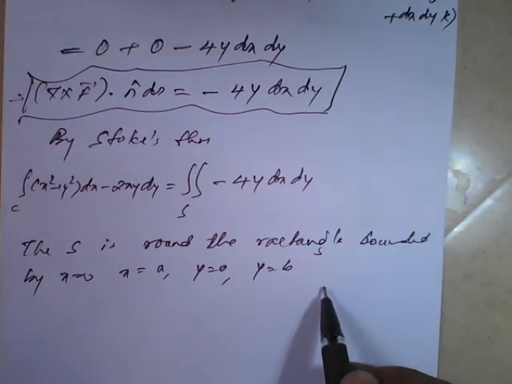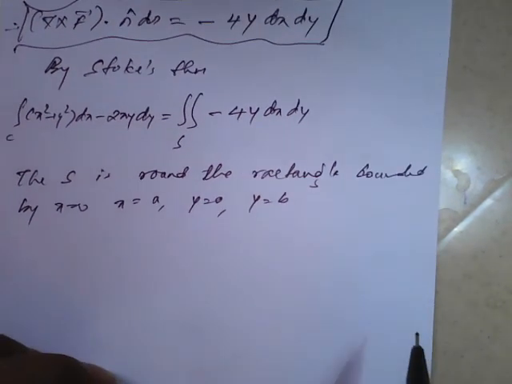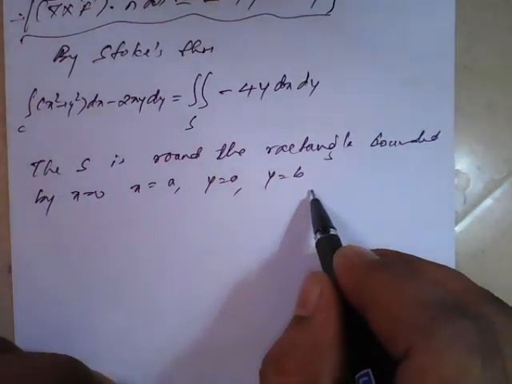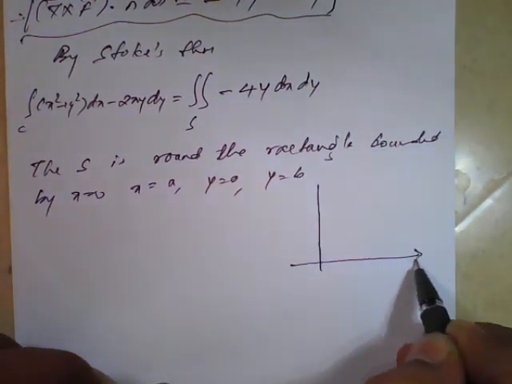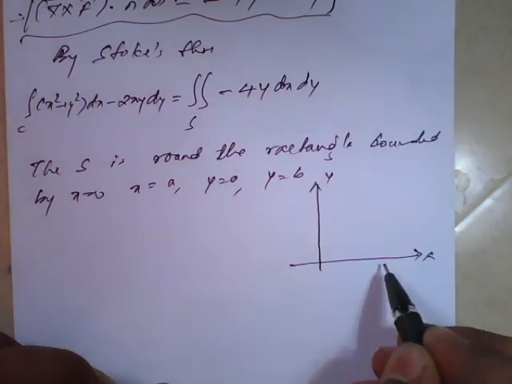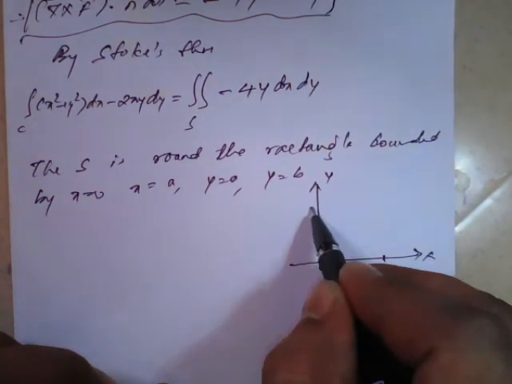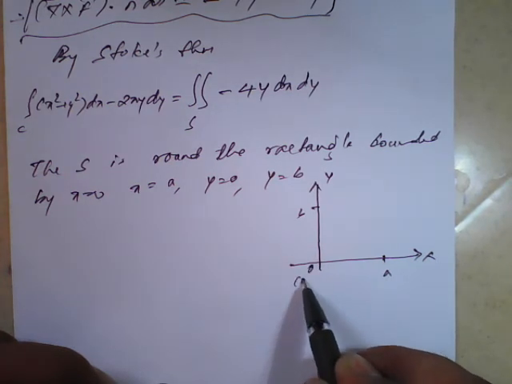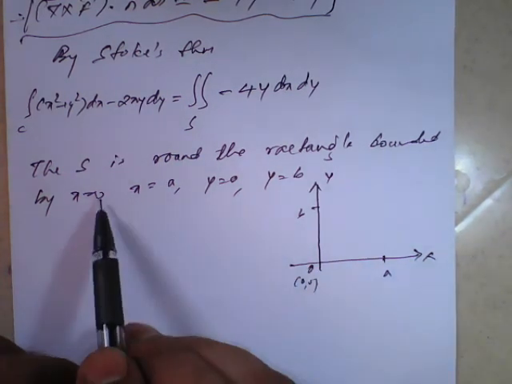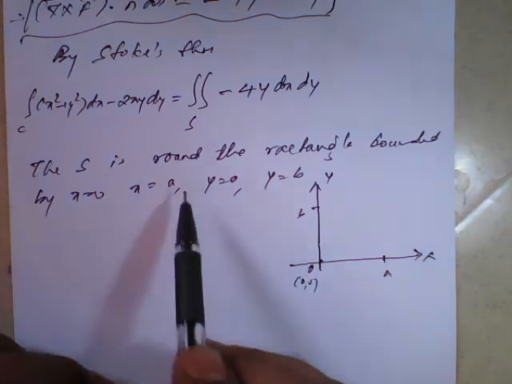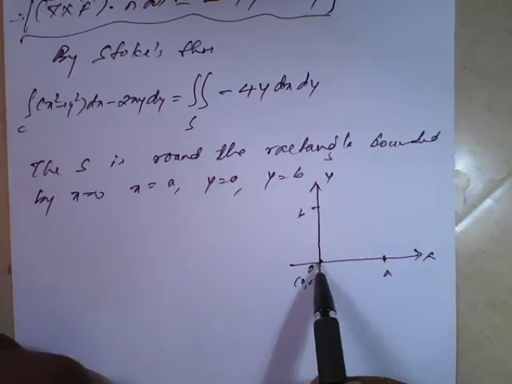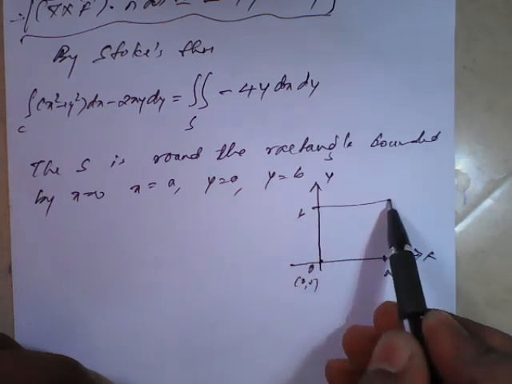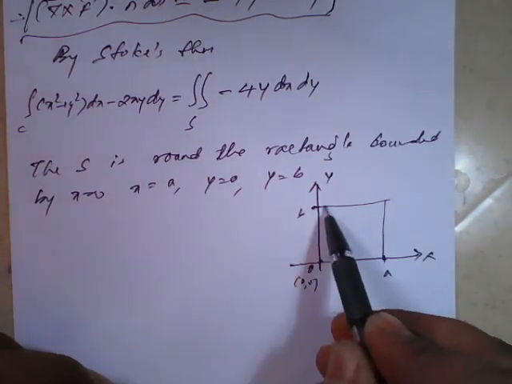So you can draw a diagram for this. I will draw the axes first, x axis and y axis, this is a, this is b. This is the point 0 comma 0. When x is a, y is 0, and y is b, it will come here. If you join it, it will become a rectangle.